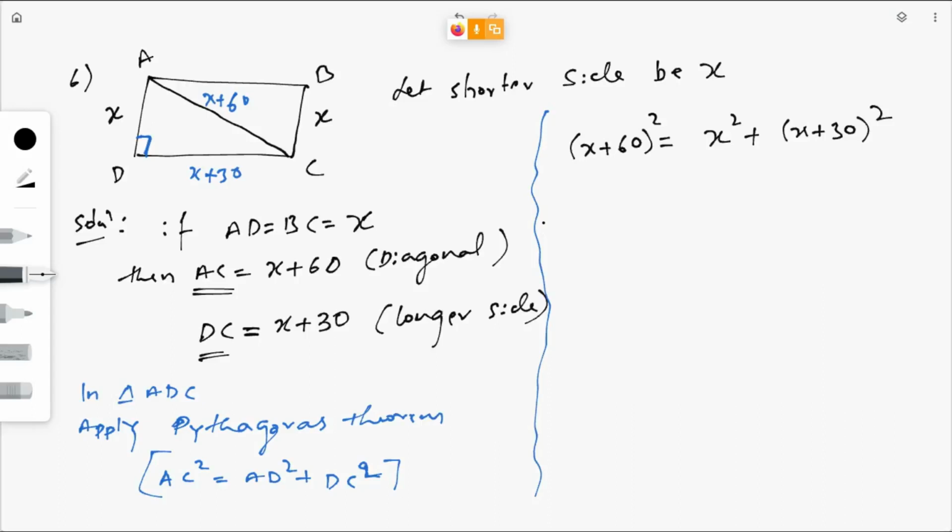Now simplify this. If you simplify this one, then you will get a quadratic equation. After solving that quadratic equation, you will get the sides of the field or sides of the rectangle. Just expand this using the a plus b whole square formula.